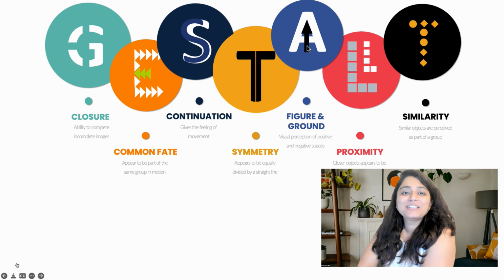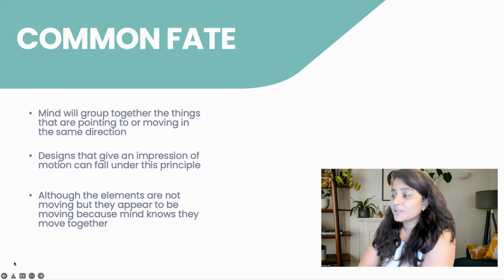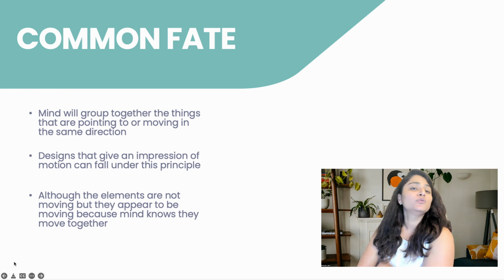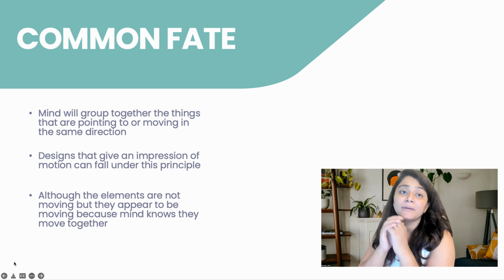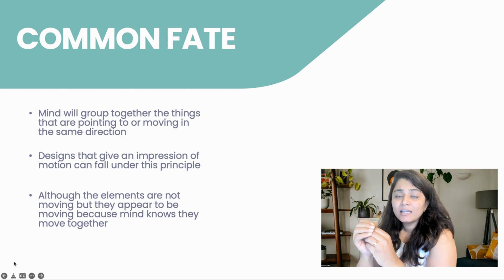Let's go on to the next one, which is figure and ground. This particular principle is used a lot in deceiving or making people see the things that people want you to see, because it has two spaces. One is the negative, the other is the positive space. Generally, our brain interprets the larger area of an image as the ground and the smaller as the figure.